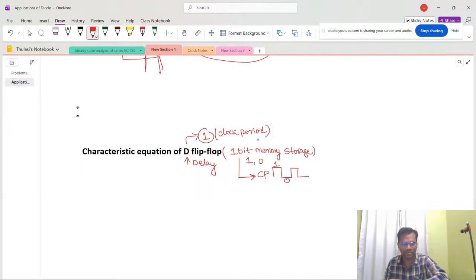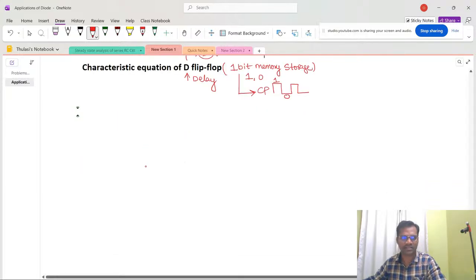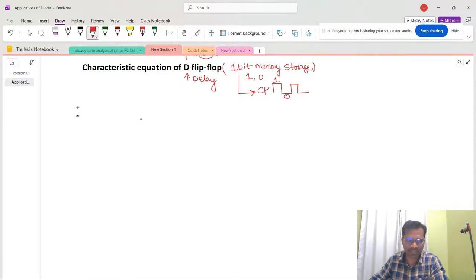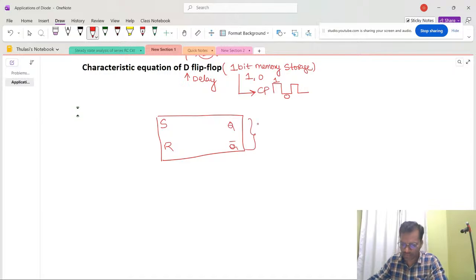Now let us go inside to understand what is meant by the characteristic equation. Generally we will have an SR flip-flop, and here we have the output states Q as well as Q bar, which are called bistable states.